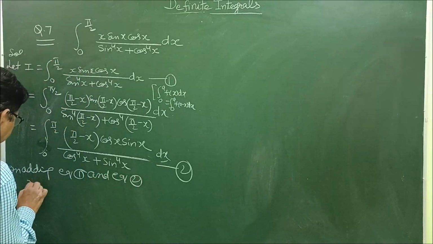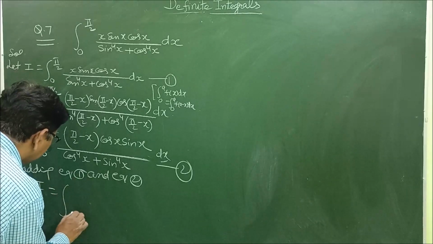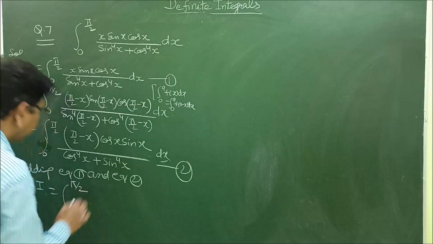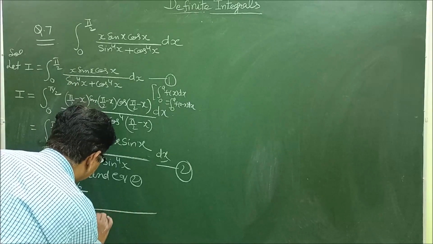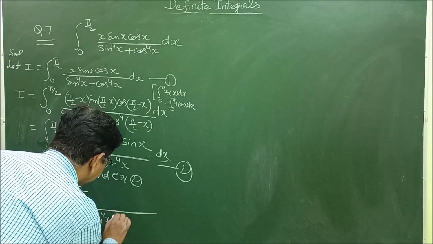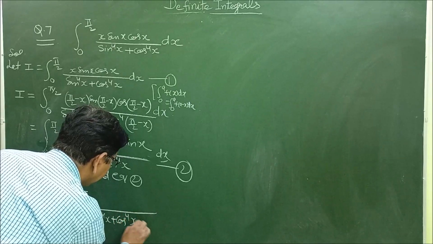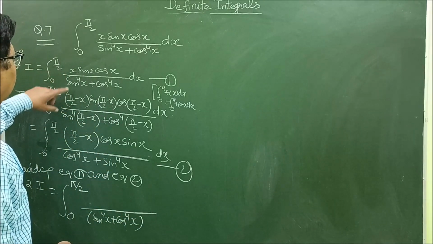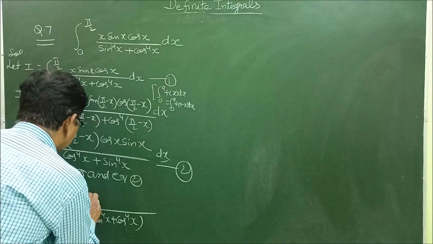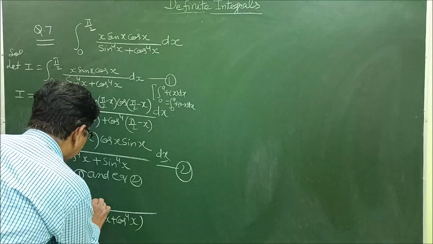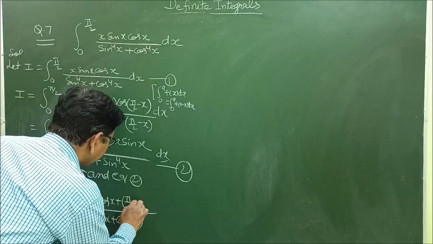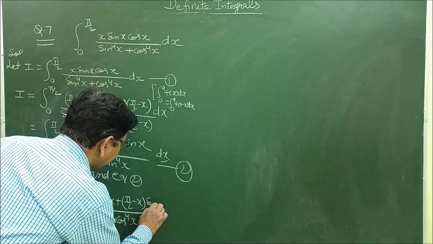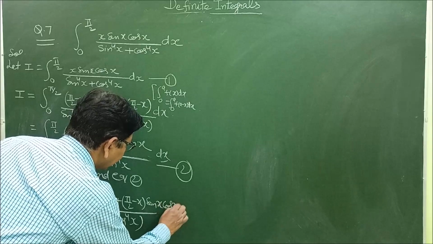we get on the left hand side 2I is equal to 0 to pi by 2. Both are having the same denominator, so taking the LCM, sin 4x plus cos 4x, and in the numerator from the first function we have x sin x cos x, and from the second we have pi by 2 minus x sin x cos x dx.